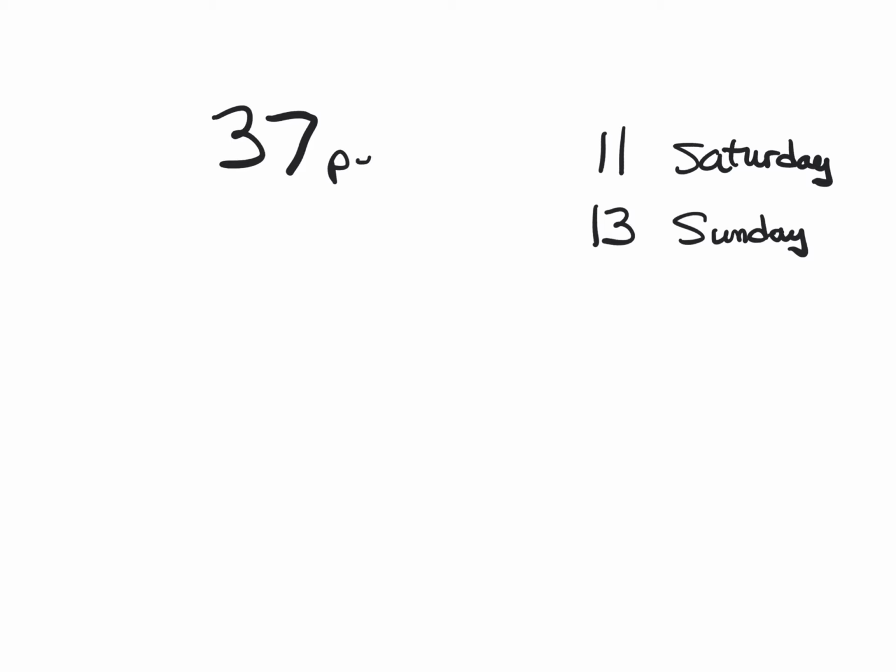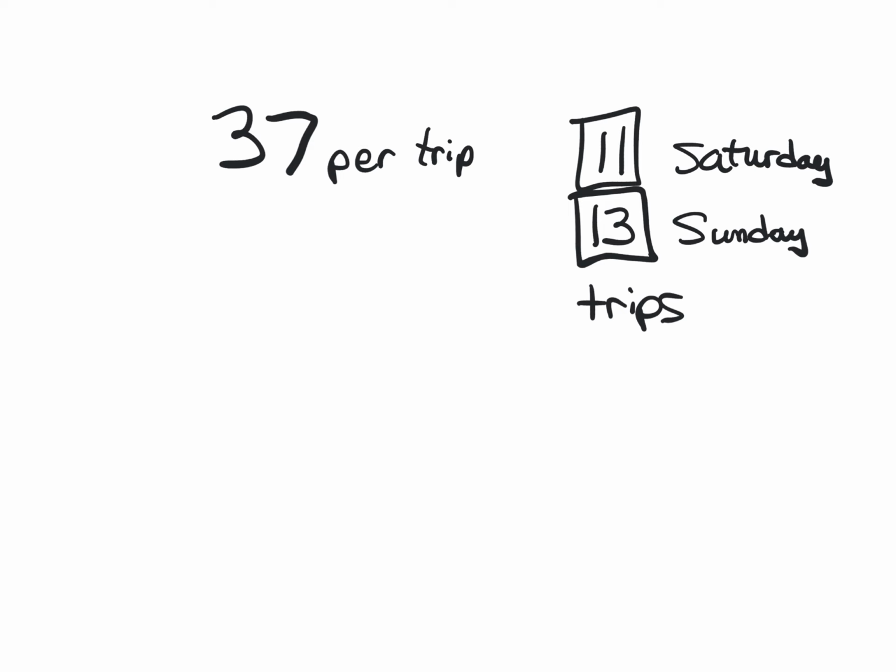Now this 37 is 37 cars per trip. And this 11 and 13 is the number of trips. So the whole weekend, first, we want to add these together. So 11 on Saturday plus the 13 on Sunday.